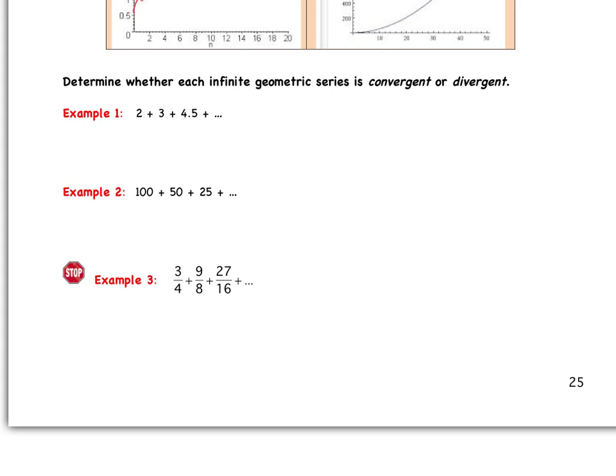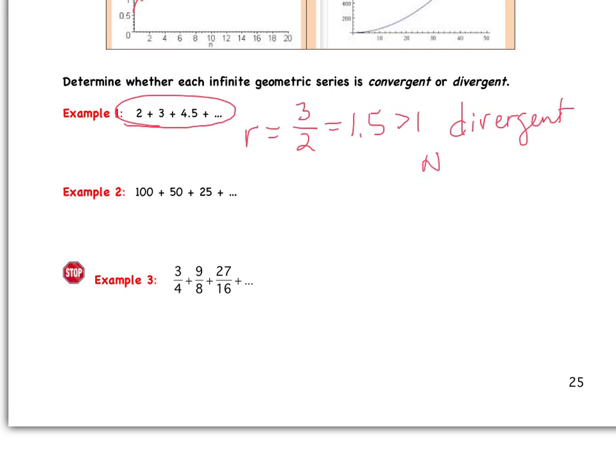So if I take a look at the numbers presented in this geometric series, remember, if I want to find my R value, I can take the second term and divide it by the first term. 3 divided by 2 is 1.5. Now, since 1.5 is greater than 1, this is going to be divergent. That means that there is going to be no sum for the series.